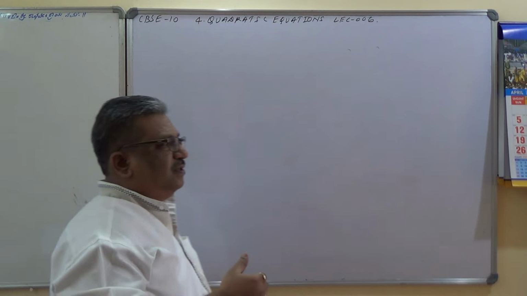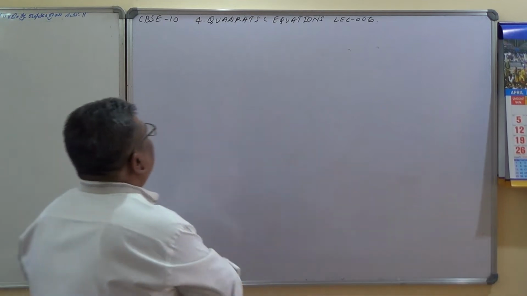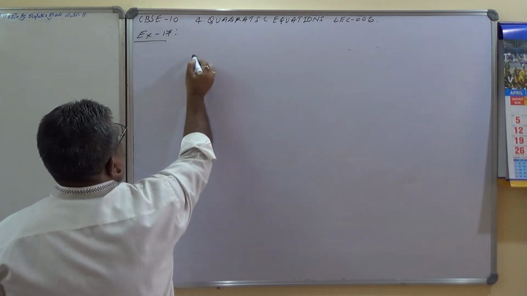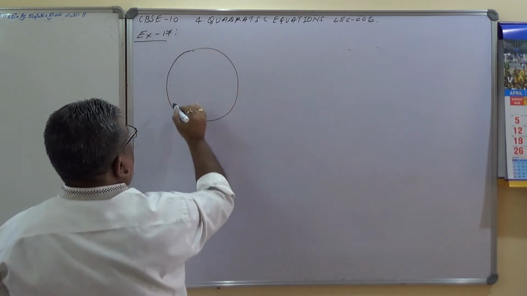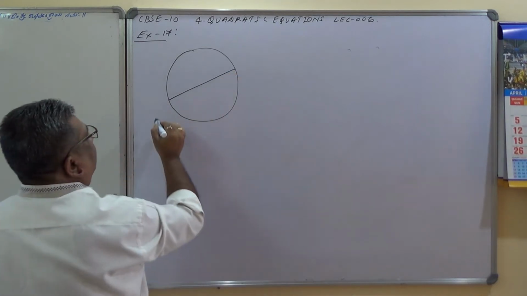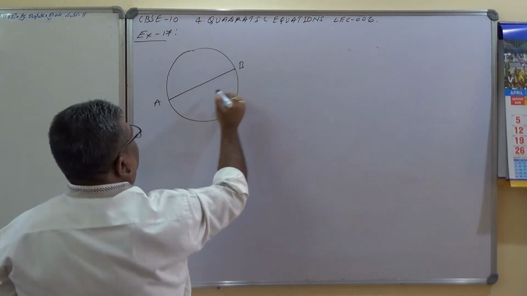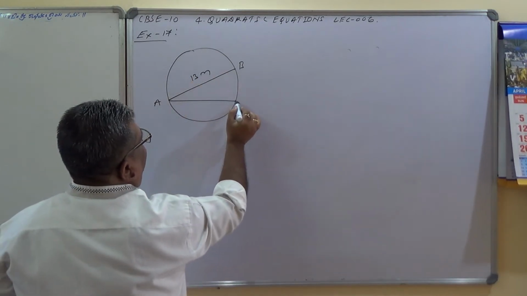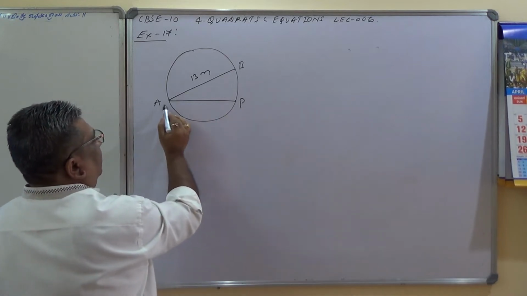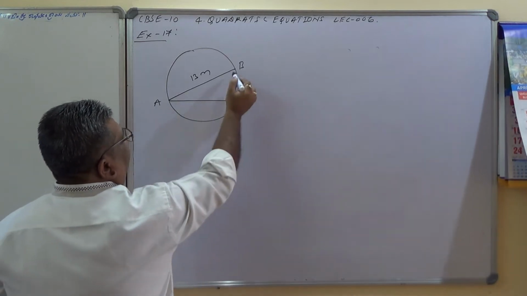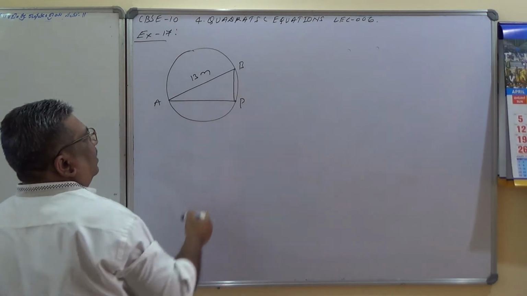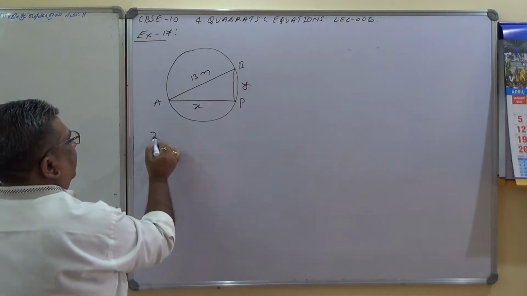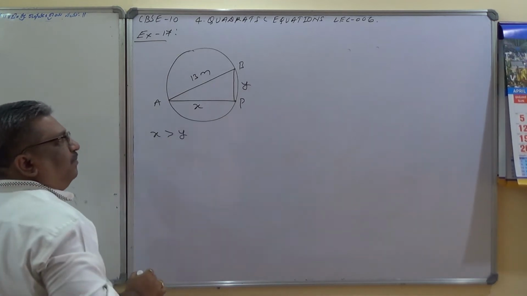Now we will solve this example number 17. Let me draw the diagram here. There is a circular park, the diameter AB is 13 meters. We would like to erect one pole P. AP is the distance from gate A and BP is the distance from gate B. Let this distance be x and this distance be y, such that x is greater than y.